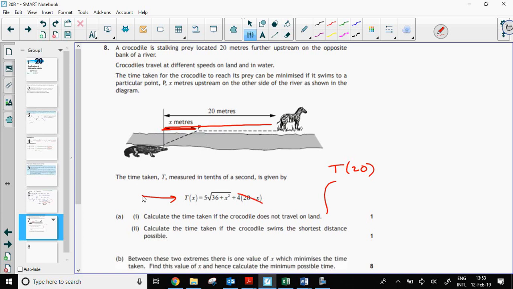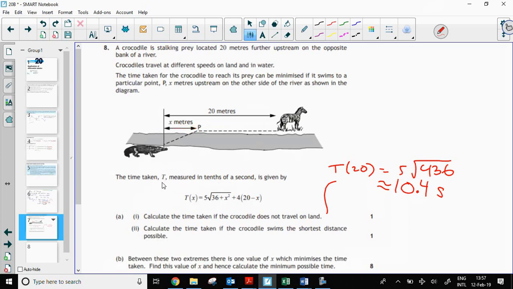This first term is going to drop out to 0. That's great. So we're looking at 5 times the square root of 436. That's going to be about 104. Wait a second. What's the unit, though? Here we have t measured in tenths of a second. Why don't we just say that that's 10.4 seconds then? So we move on to Roman numeral 2.